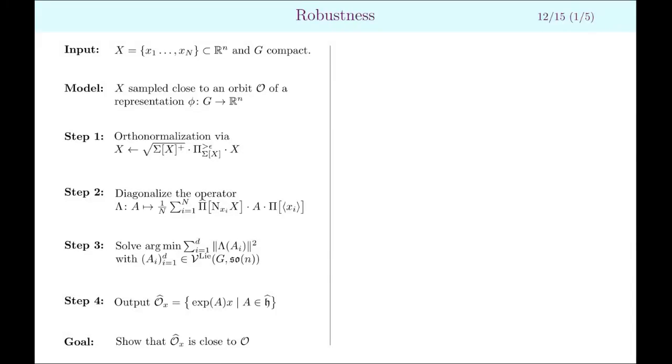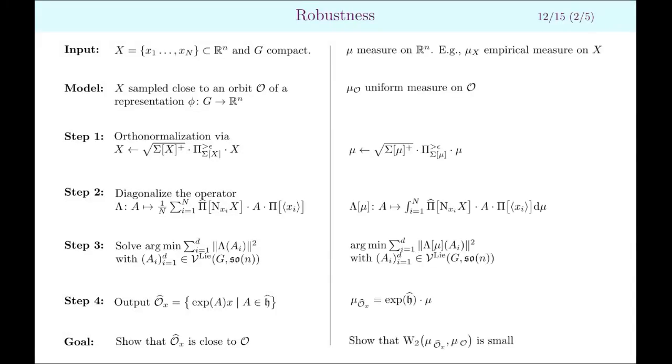To do that, we found that it was very convenient to work in a measure theoretic framework. So instead of a point cloud input, we can think of a measure input, and all these steps can be reformulated for measures. In the end, the goal will be to show that the Wasserstein distance is small. This is a nice framework because it allows us to use tools such as averaging on Lie groups.